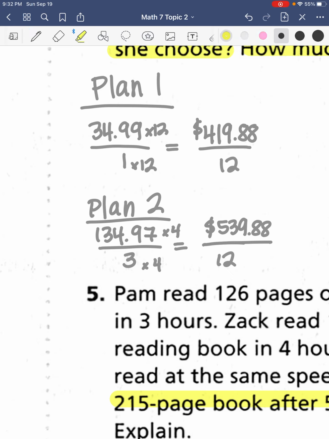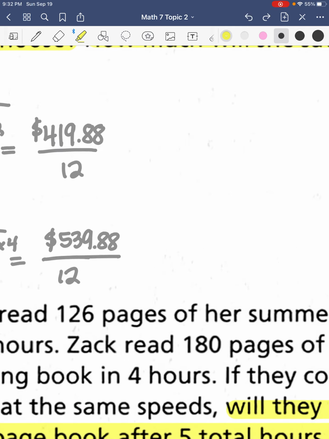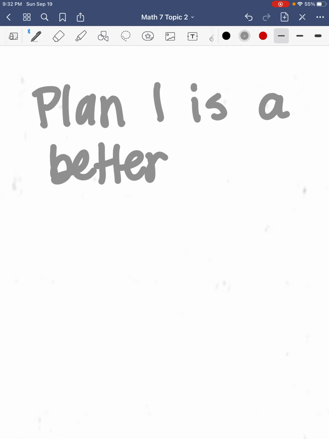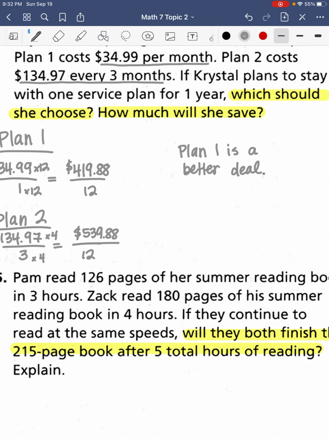Well, obviously, the one where she's going to spend less over 1 year's time is a better plan. So plan 1 is the better option. So plan 1 is a better deal.